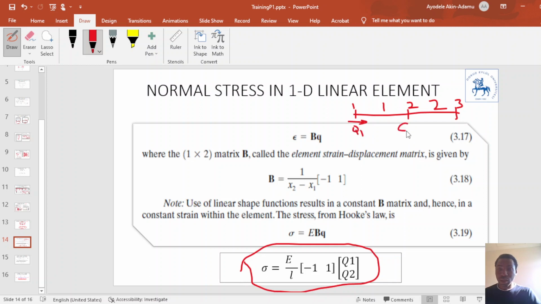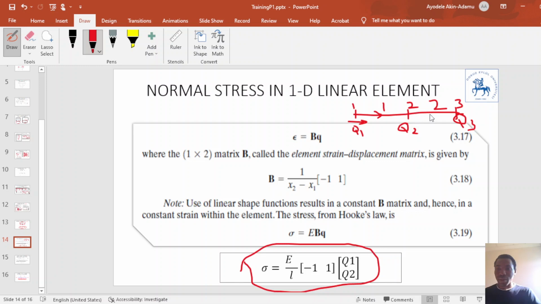At node 2, it has a displacement quantity Q2. And at node 3, it has a displacement quantity Q3. So for element 1, the Q vector is Q1, Q2, assuming we are looking at the element from 1 to 2, where 1 is the start node and 2 is the end node.